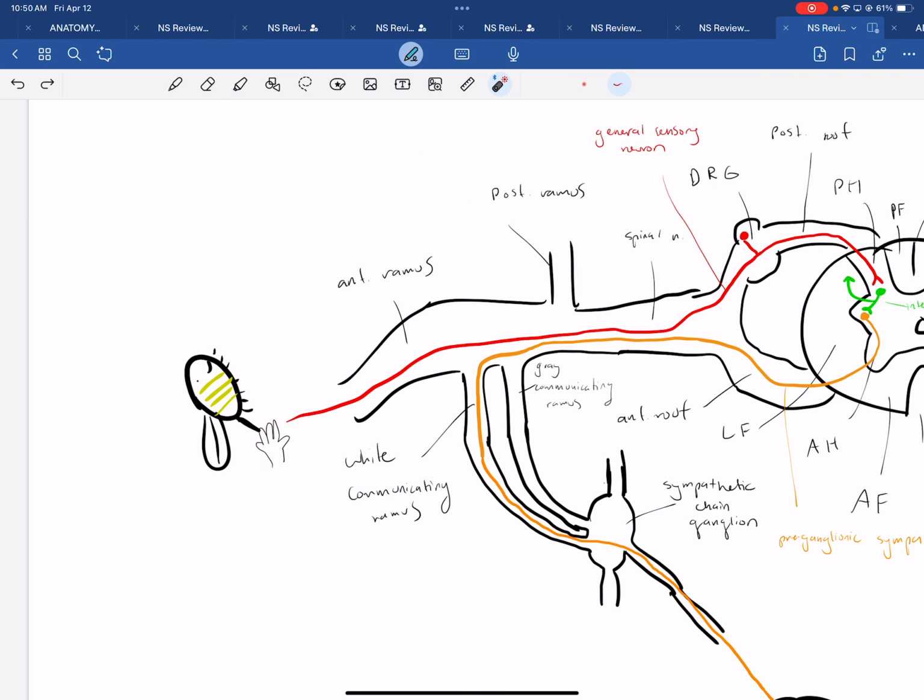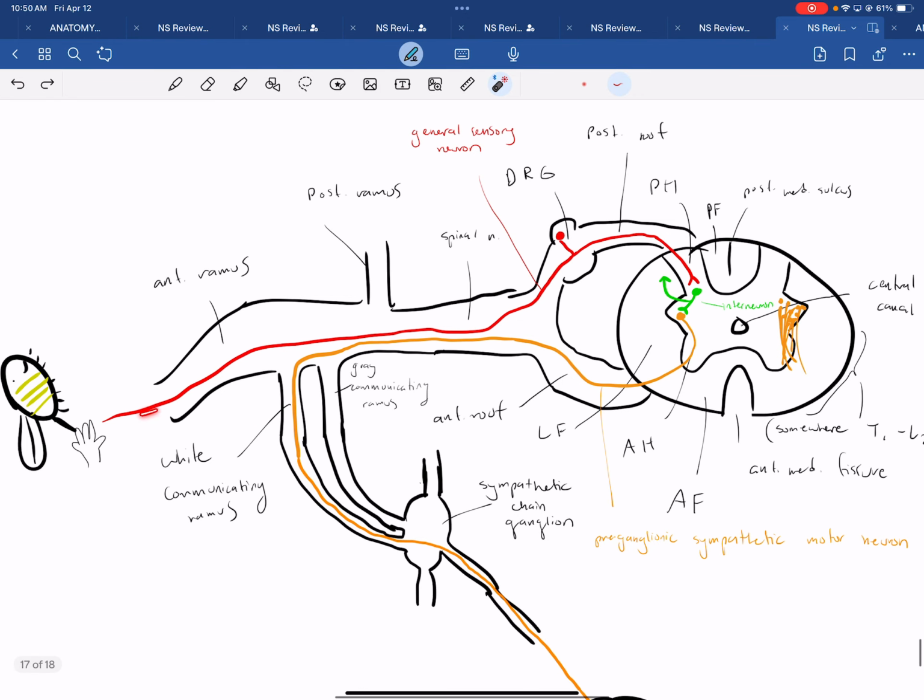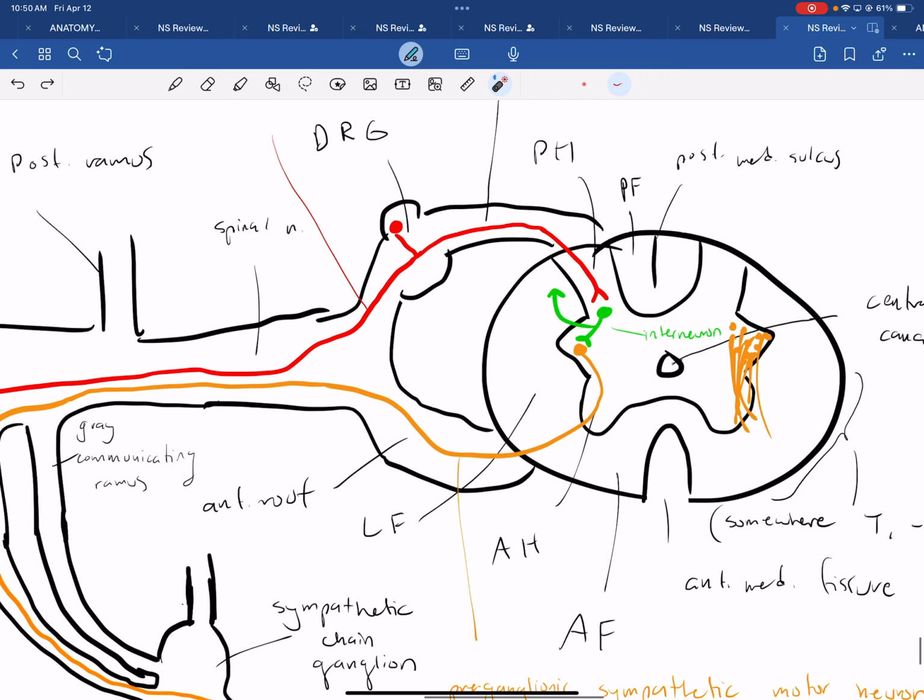you feel that, right? That sensory information is transmitted through anterior ramus and the spinal nerve, and then the posterior root, and then the posterior rootlets, and then into the posterior horn, and then it synapses on an interneuron, and then that interneuron is going to do two things.